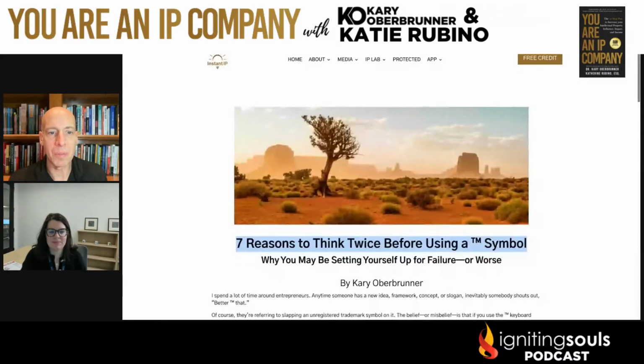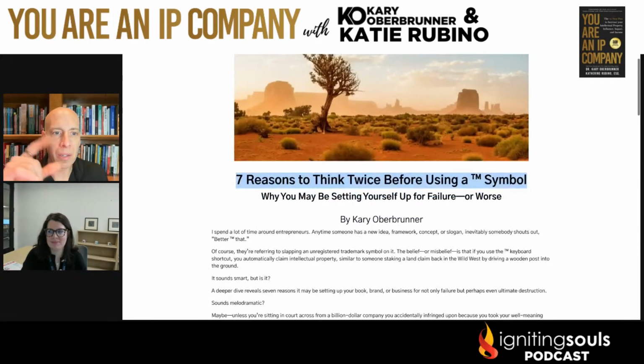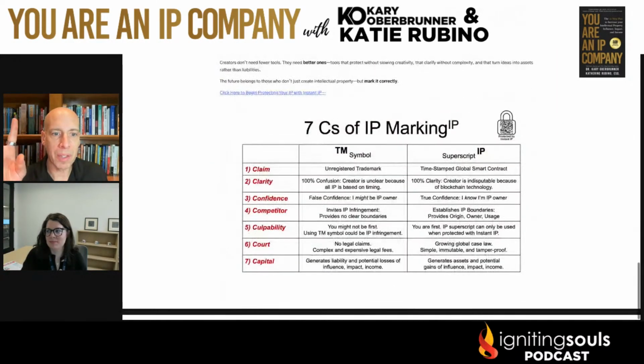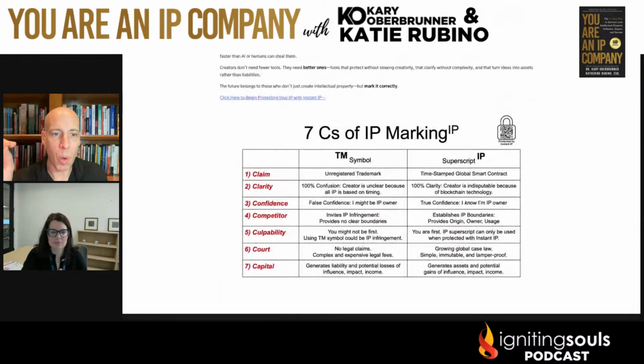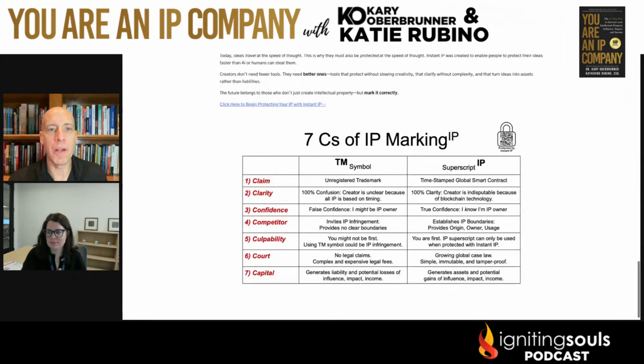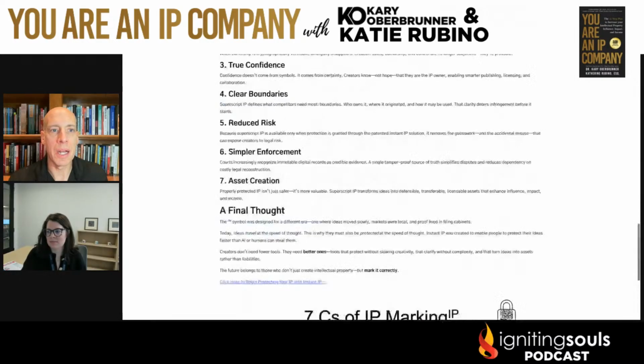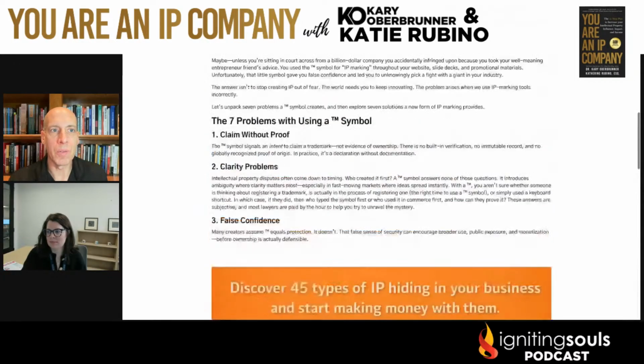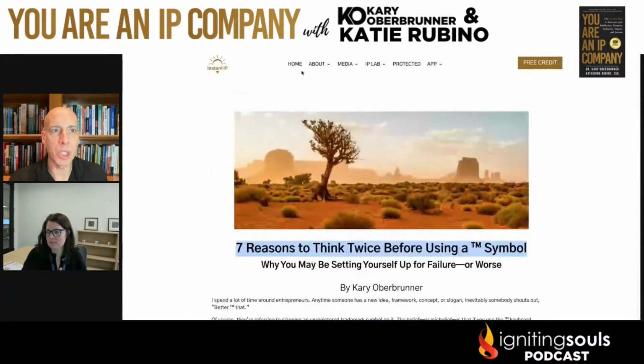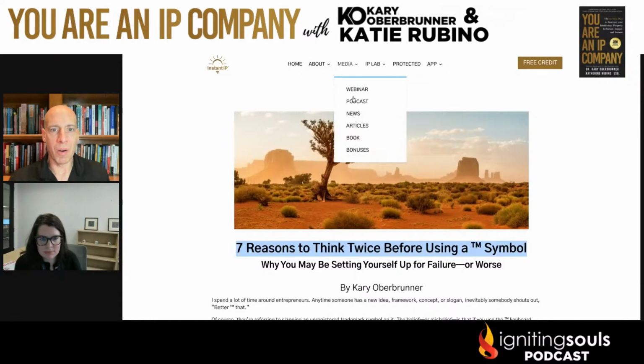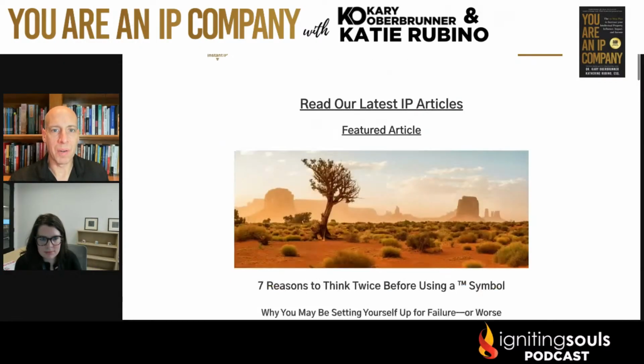Those are the 7 reasons. It deals with claim, clarity, confidence, competitor, culpability, court, and capital. So that's all on that chart. And this is an article that you can find at instantip.today/7-reasons. Or if you can't remember that, just go to instantip.today, click articles, and it's at the very top.